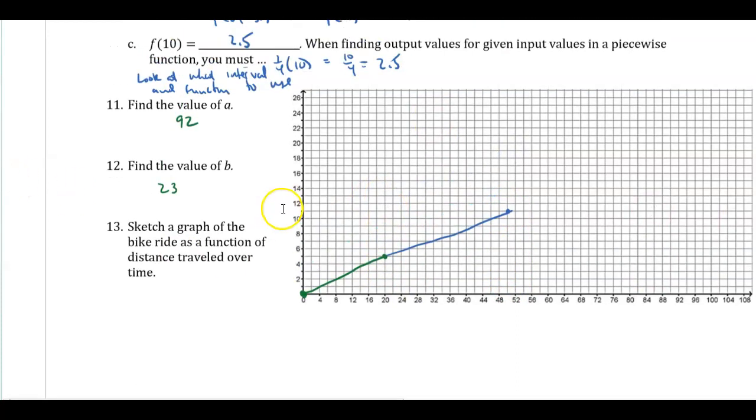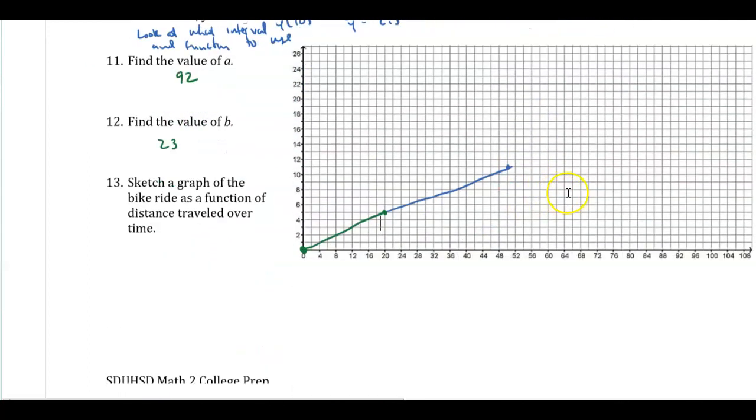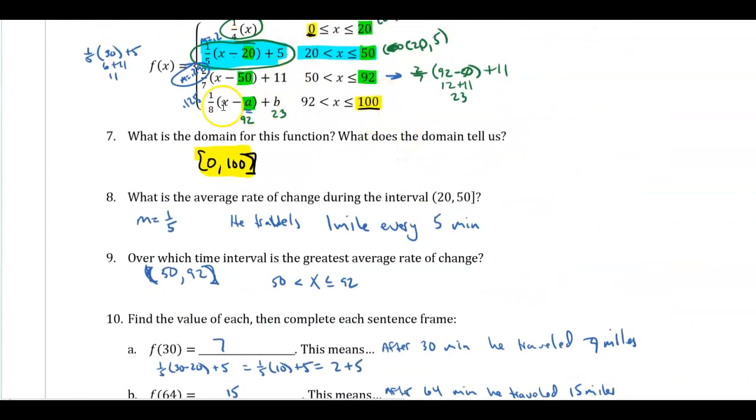All right. Now the next one, I know it's going to start at 50, 11, but then it's going to end at 92. We already said 23. So I'm going to go 92, 23, which would be here. And then the only thing I have to look at is after 100 minutes, 1/8 times 100 minus 92 plus 23.